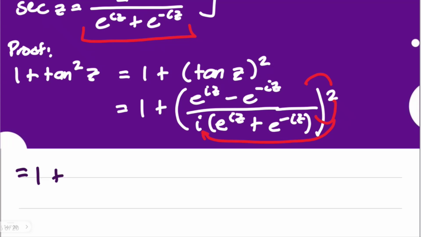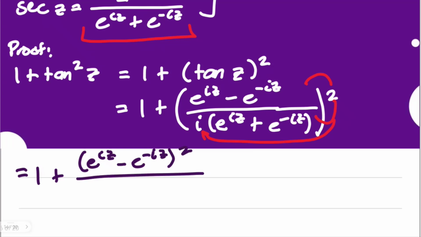So plus, for our numerator, let us first write the square of the binomial expression: e to the power of iz minus e to the power of negative iz. That's the numerator. Denominator, you have here i squared, right? And for your numerator, you will have e to the power of iz plus e to the power of negative iz, and you're squaring that.